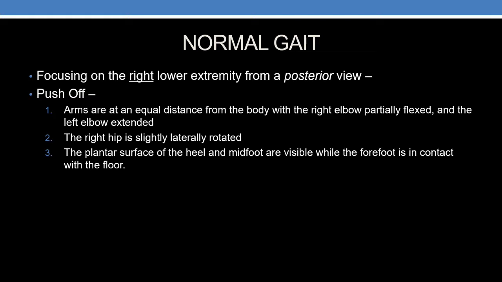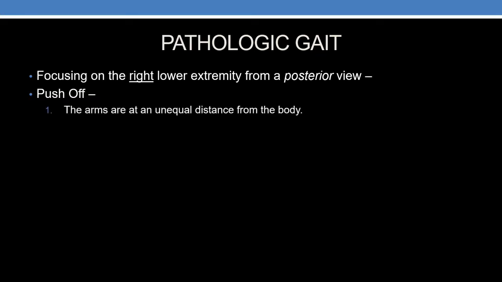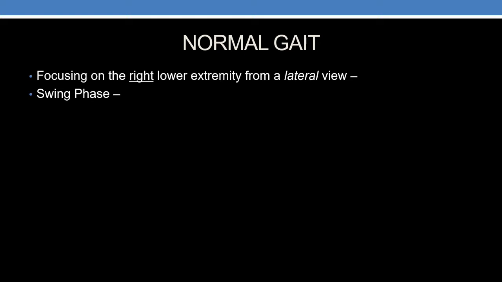In the presence of pathologic conditions, we would see, for example, perhaps that the arms could be at an uneven distance from the body.